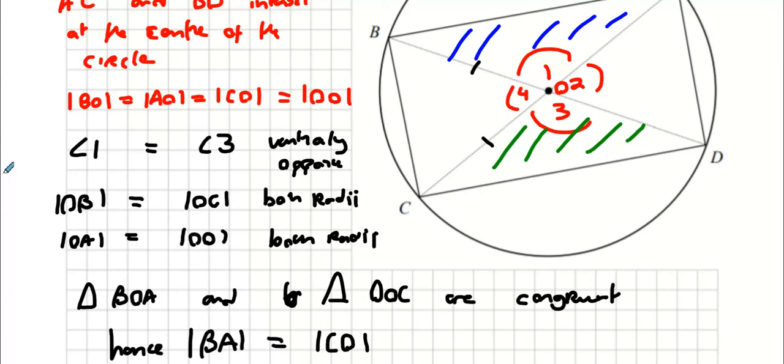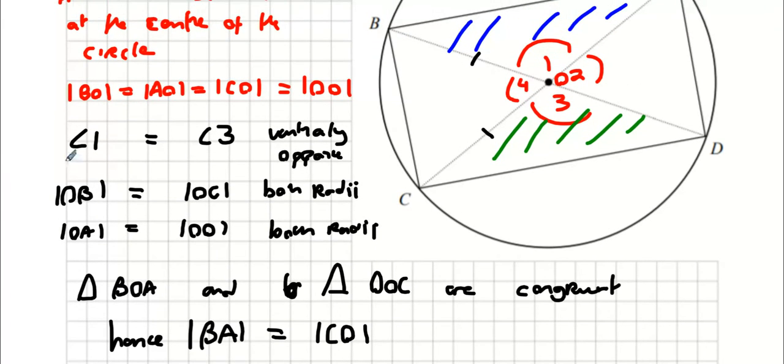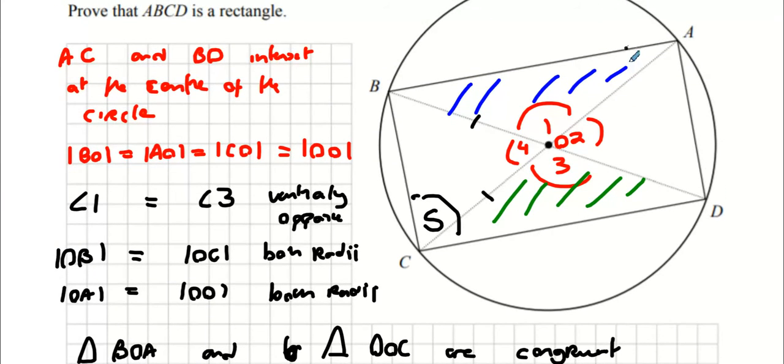Okay, now the next thing we can say is that we'll call this big angle here angle 5, and we can call this other one angle 6.